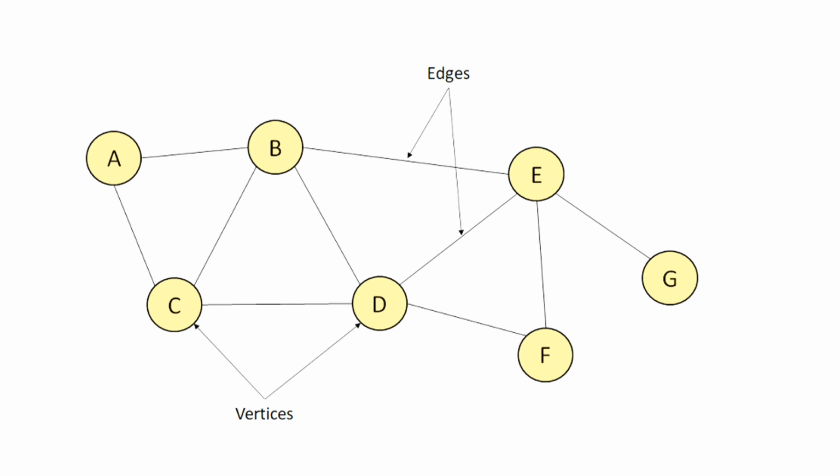From this diagram, we can say that there are 7 vertices, which are A, B, C, D, E, F and G, and there are 10 edges, which are AB, AC, BC, BD, BE, CD, DE, DF, EF and EG. So in total there are 10 edges, sorry, my pardon.